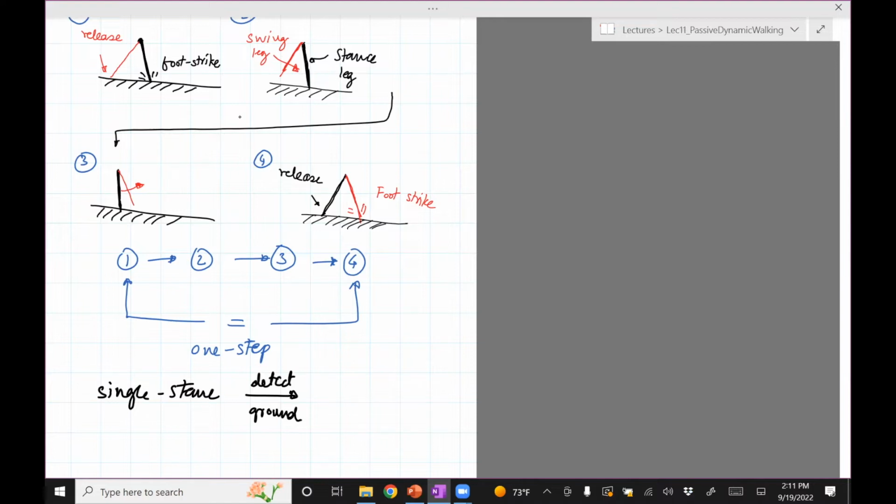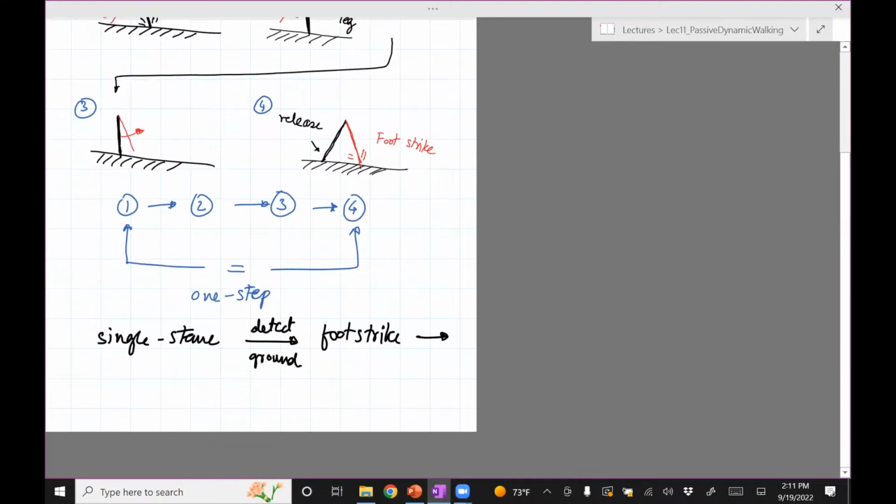We keep checking when the distance or the height of that leg from the ground, or the vertical height, or you can also use the height in the direction perpendicular to the ramp, becomes 0. And when that happens, we have detected the ground. Once we do that, we will model foot strike. And then it just keeps going on.